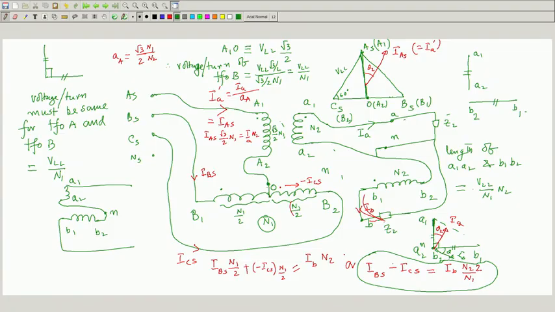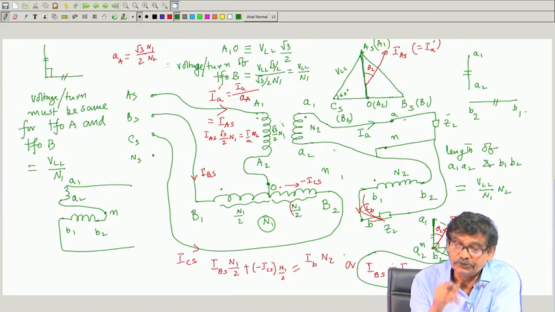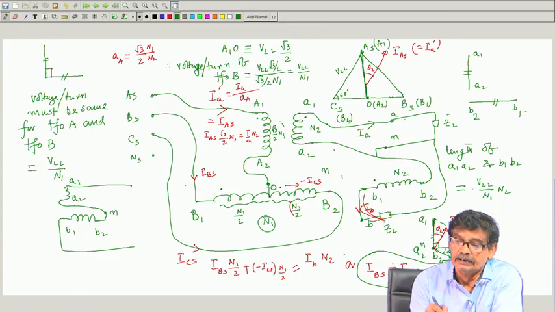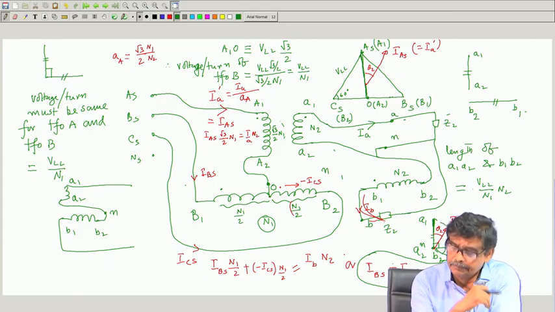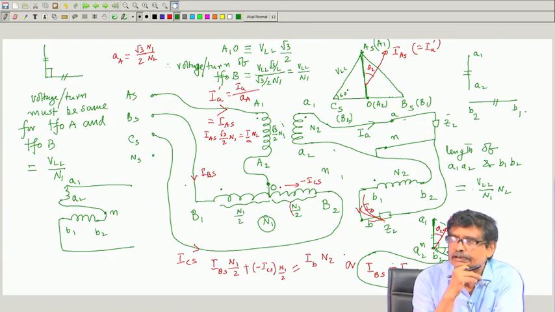These two I know. What I am trying to do now, for this loading, is to find what should be my I_AS, I_BS, I_CS. Directions I have assumed in accordance with the 3-phase circuit directions. Then I must balance the MMF. I will neglect the no-load current, etc.